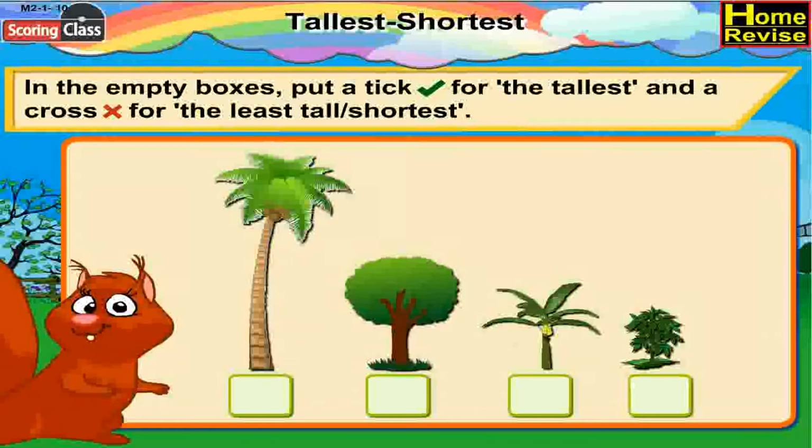Now there are four kinds of trees. Well, the first tree is the coconut tree. Of course it is very tall. And in this case also, I think it is the tallest. So put a tick in the box in front of the coconut tree. And the fourth plant is the smallest or the least tall.